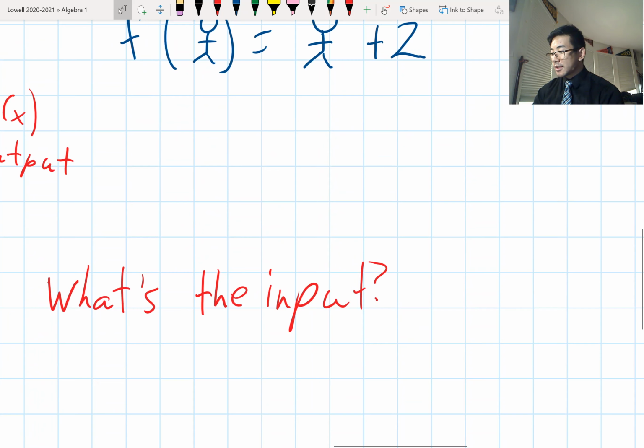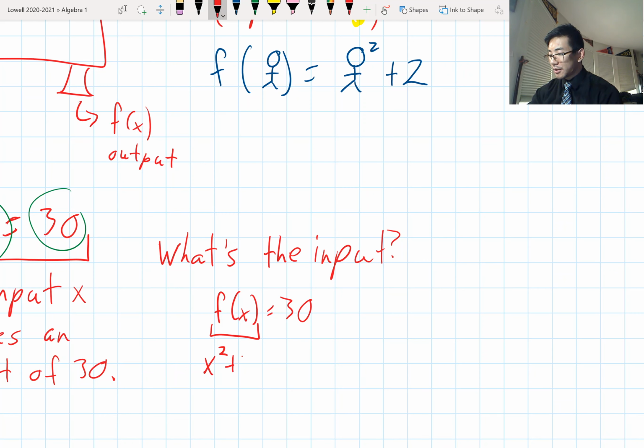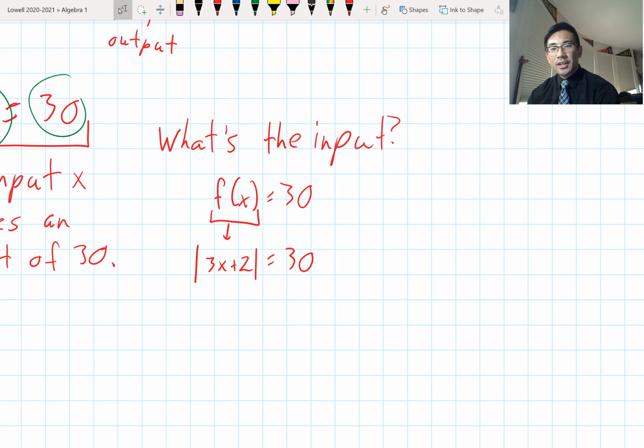And so all this says, if I said f of x equals 30, remember f of x in our example, sorry, that was from class, is absolute value of 3x plus 2. And that is 30. And so now we come about to this absolute value equation. How do I solve this? I should have actually made this one a little bit not so tricky.